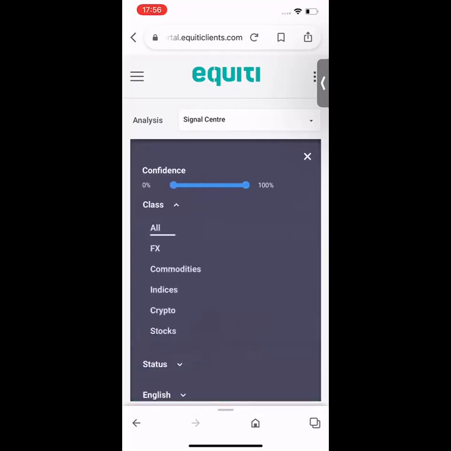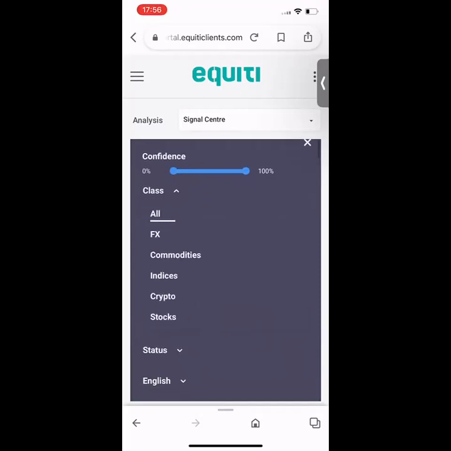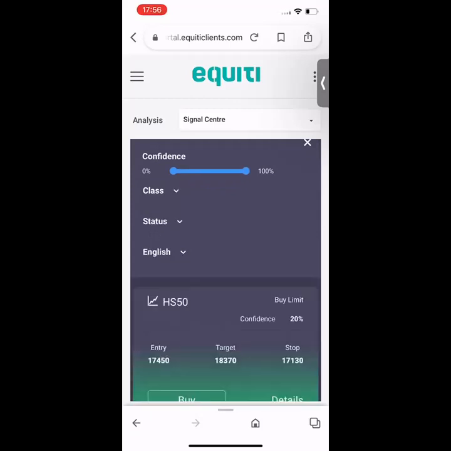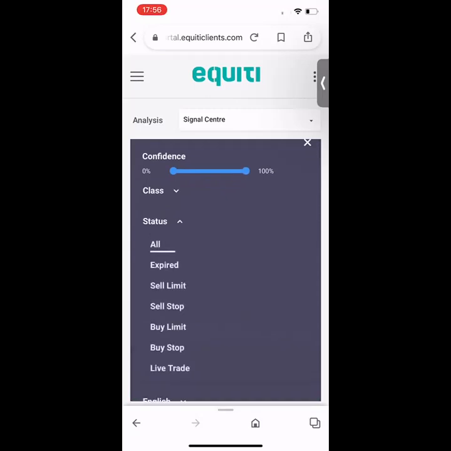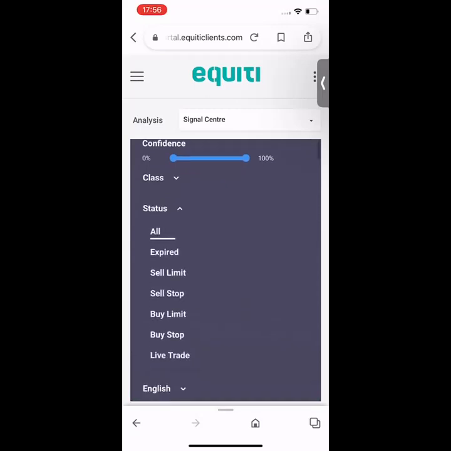Under classes, we will be able to choose what asset classification we want to trade. Is it FX? Is it commodities? Is it indices, crypto, or stocks? Then under the status, we will be able to see the expired trades, trades whose entry conditions were not met until the time duration elapsed, so they became expired.